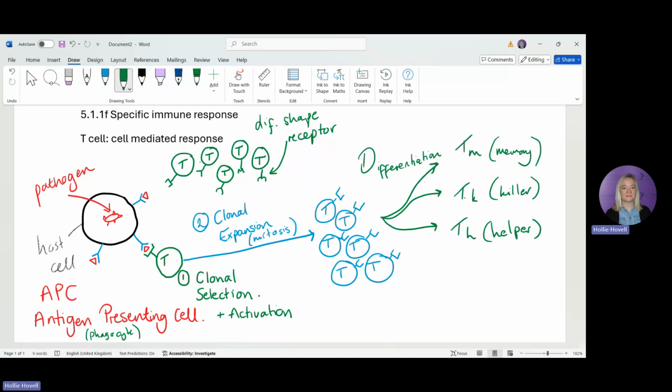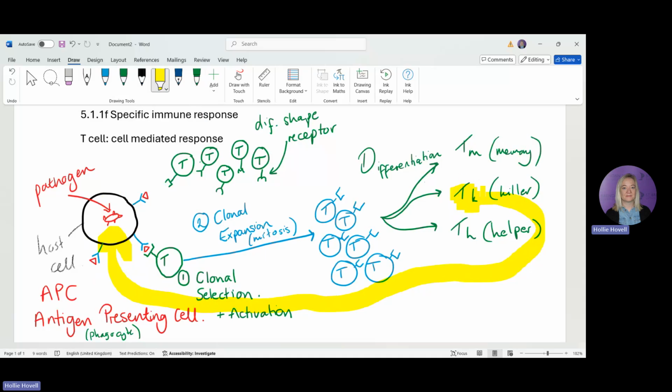The T killer cells are going to go back. Let me get a different color. Let's get a highlighter, perhaps. These T killer cells here need to go back and kill any infected cell. So they could kill that infected cell there, but they can go back and kill any cell that's presenting these antigens on.